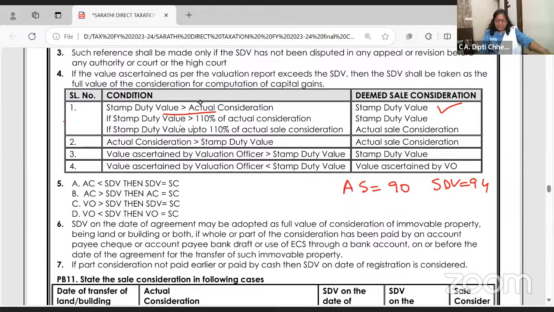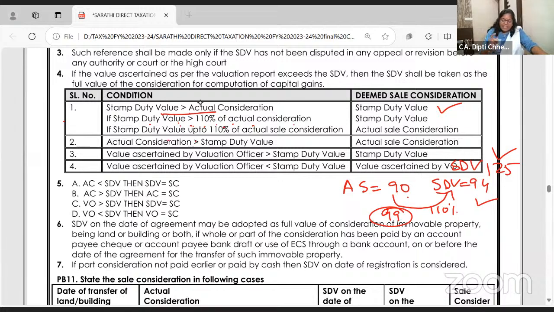Ma'am, you said if stamp duty value is more, take this. But for actual sale consideration and stamp duty value, you should check the difference of 10%. 10% more than 90 will be 99. So if the stamp duty value exceeds 110% of the actual sale consideration, yeah, if it is say 125, then take this, it's exceeding 110%.